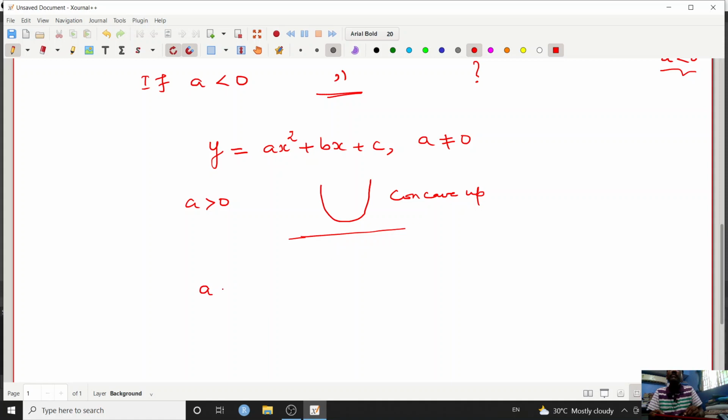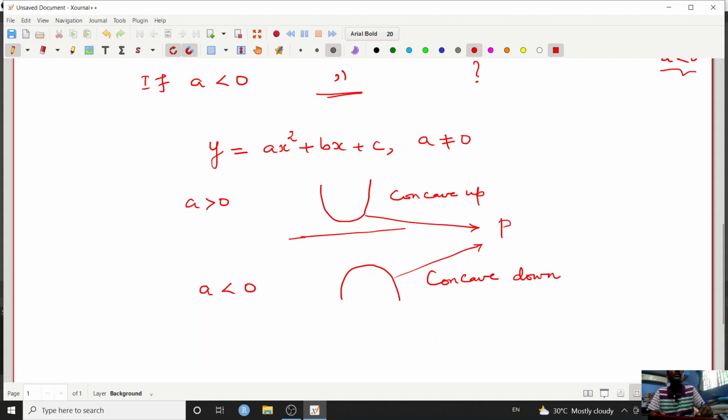Suppose if a is less than 0, the diagrammatic representation of the figure is going to be like this. It is concave down. Now any curve of this type, of course we have not drawn the graph to the exact scale.